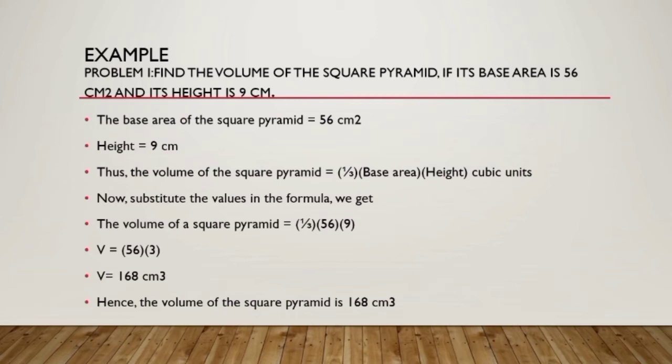Now, substitute the values in the formula. We get the volume equals 1/3 times 56 times 9. Volume equals 56 times 3, which gives 168 cm cubed. Hence, the volume of the square pyramid is 168 cm cubed.